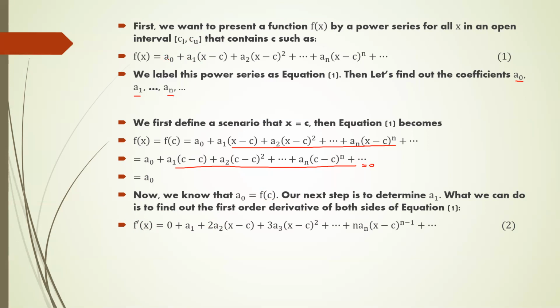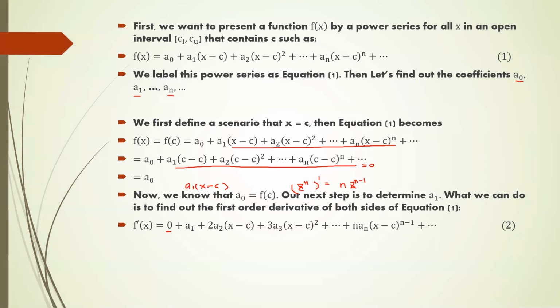The first order derivative of a constant with respect to x is just equal to 0. The second term is a1 times x minus c here. And here I want to refresh your memory. z to the power of n, we take the first order derivative with respect to z, which equals the power n times z to the power of n minus 1.